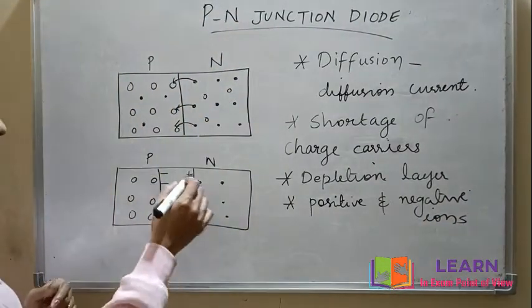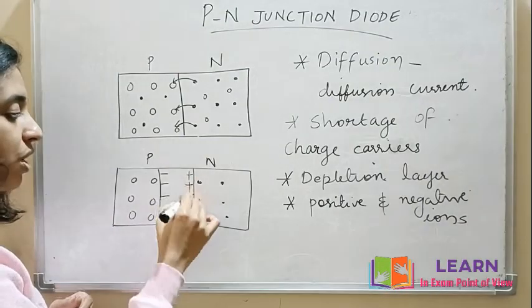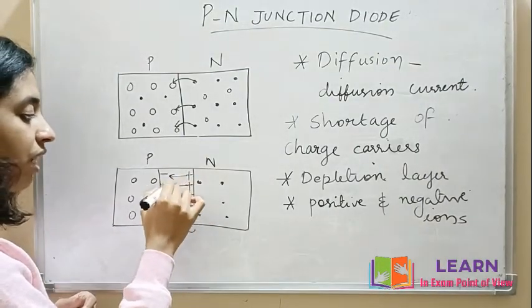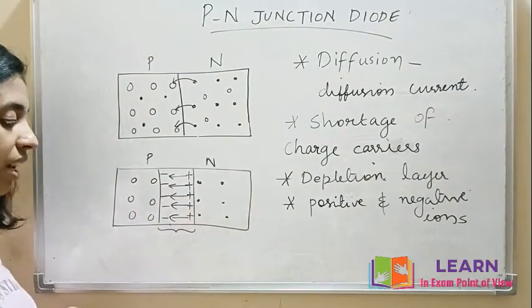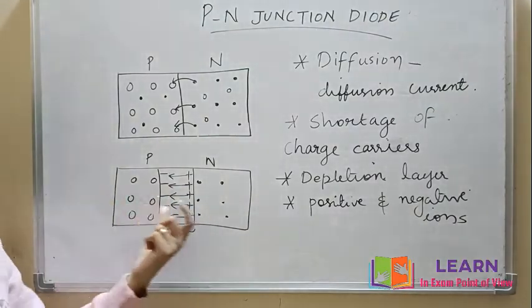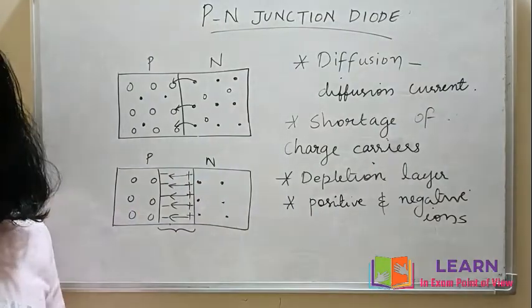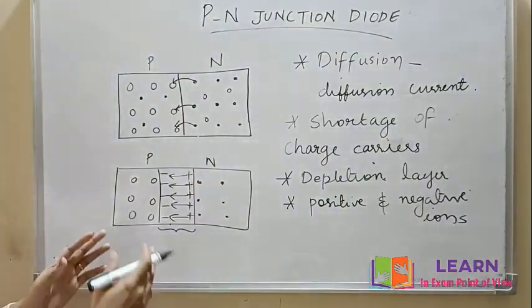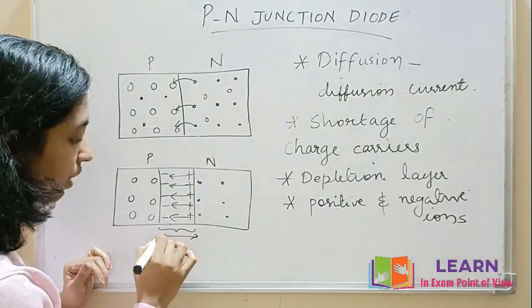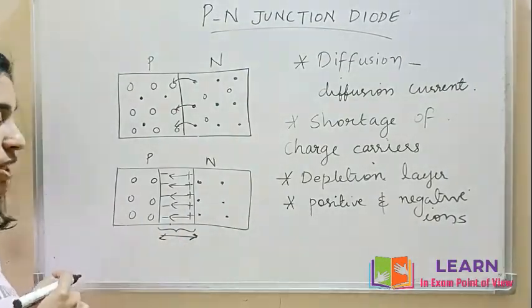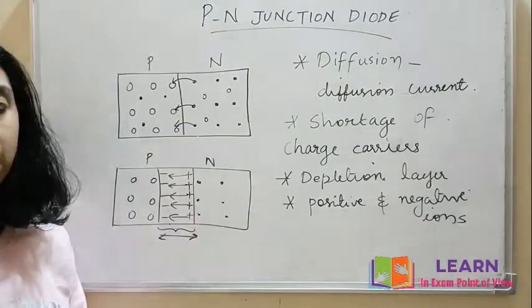Due to this ion formation, an electric field will be formed like this, from plus to minus, right? And a potential difference will be created in between this layer.